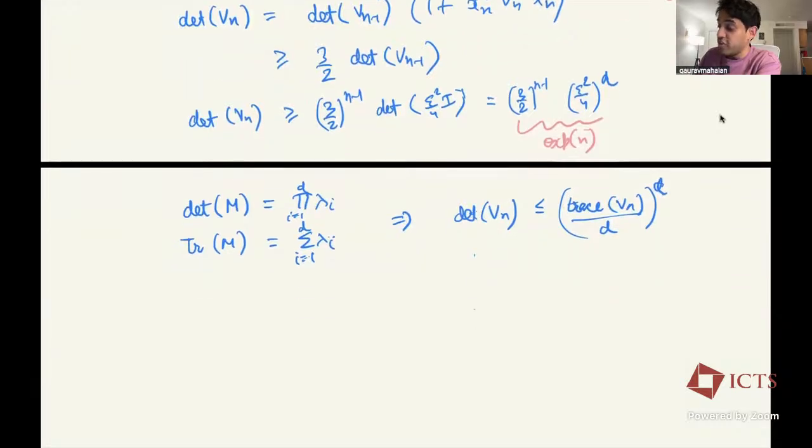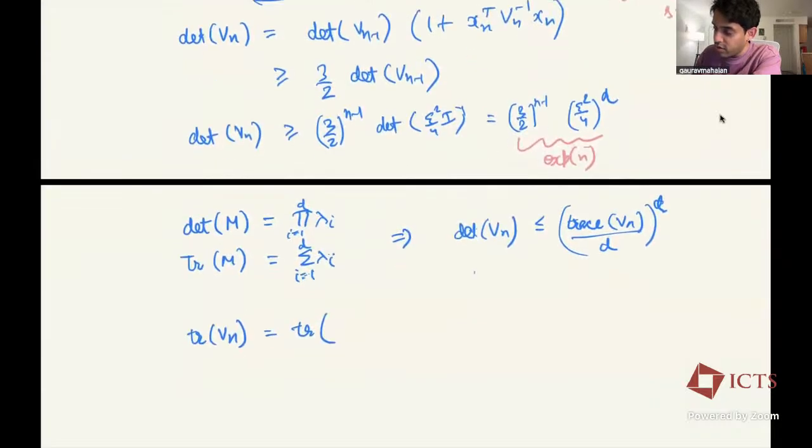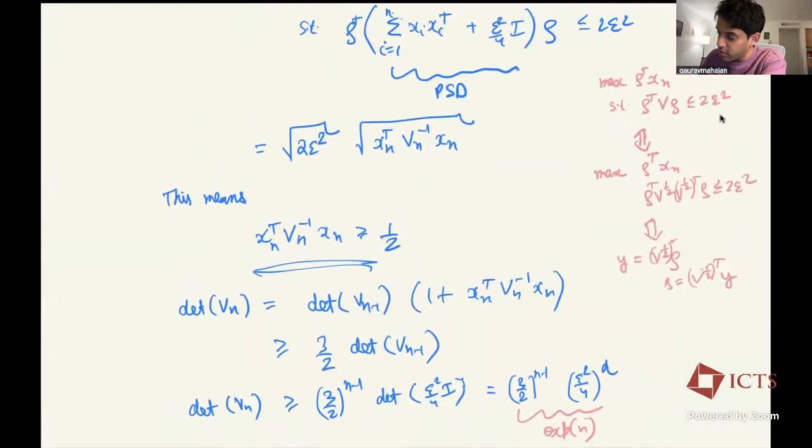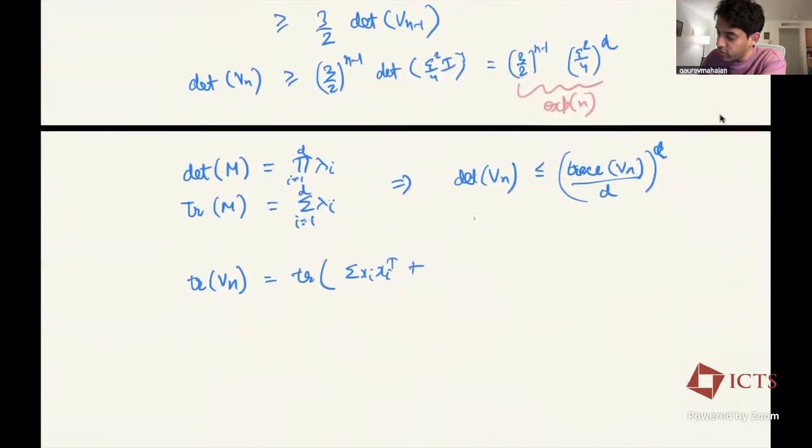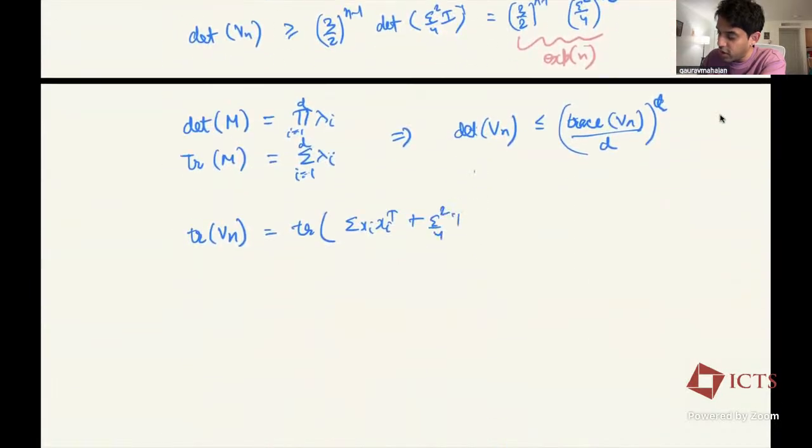And so what's the trace? Actually, the trace is much easier to compute, right? So the trace of Vn. Okay, Vn is the sum of the x x transposes plus epsilon squared over 4 times the identity.